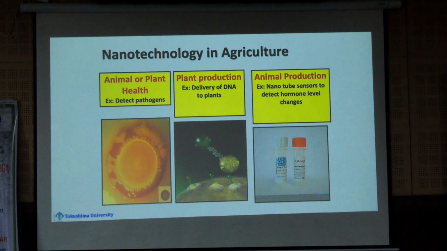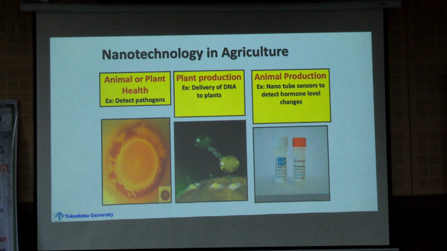Plant production: how we can improve the overall production of the plant by dealing with their DNA. So whether we can change the DNA, whether we can add certain DNA to them, and if we successfully add the DNA into the plant, then it may be possible that we can increase the crop productivity.